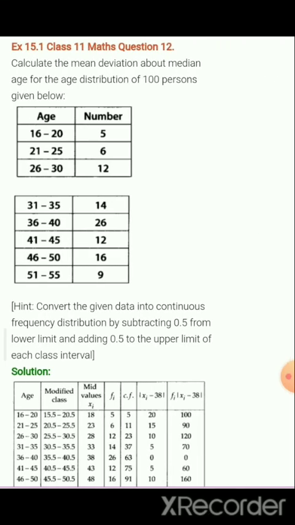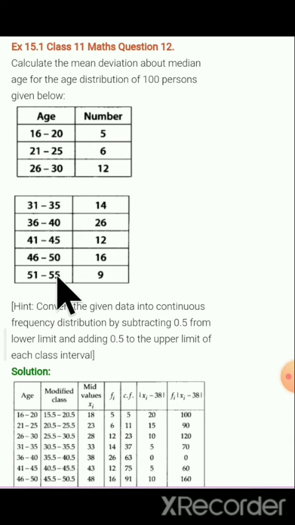Next question: calculate the mean deviation about the median age for the age distribution of 100 persons given below, that is 16 to 20, 21 to 25, 26 to 30, 31 to 35, 36 to 40, 41 to 45, 46 to 50, 51 to 55.